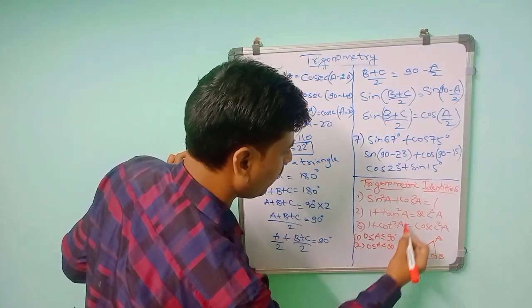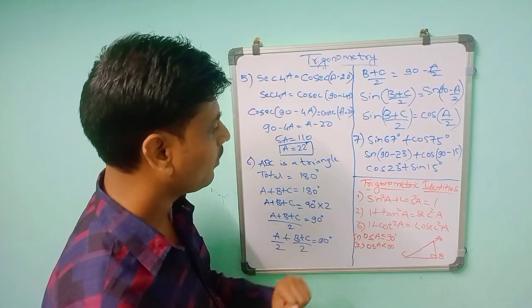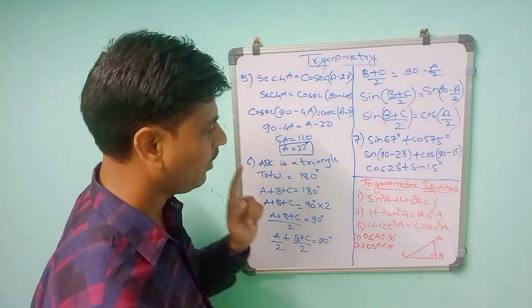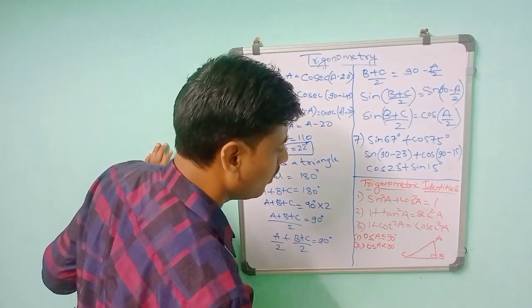If you take A as 90 degrees, tan 90 will be 1 by 0, because it is sin 90 by cos 90. Sin 90 is 1, cos 90 is 0. So it is 1 by 0, and it will not be applicable for 90 degrees.